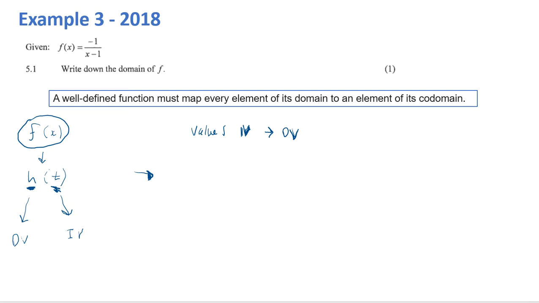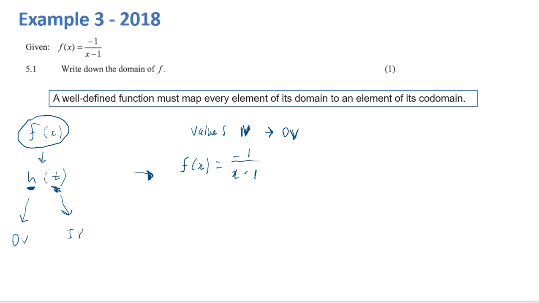So having recapped what the domain is, let's think about this. By looking at this equation, and I'm just going to rewrite it here, minus 1 over x minus 1. We need to think about values for this x where this function f of x will not hold.